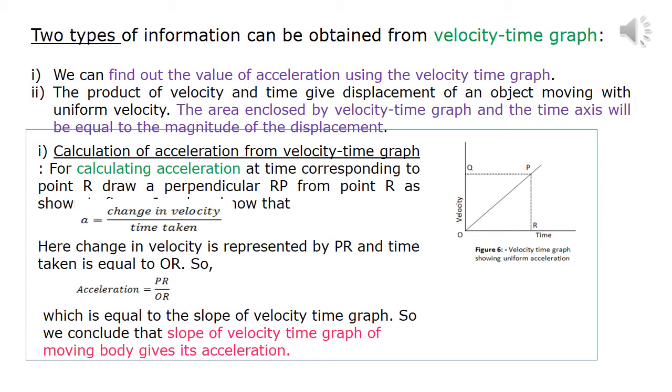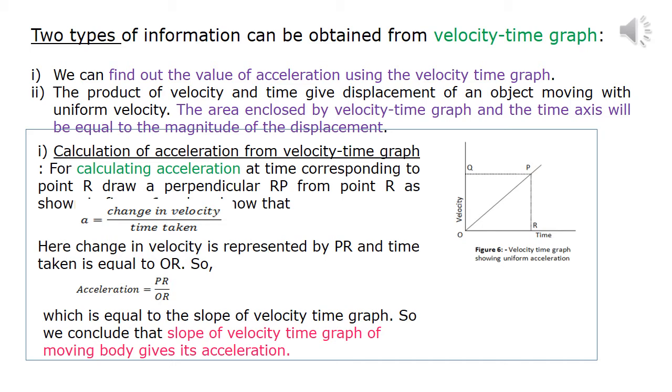So here from the given graph, OP is the motion shown in the graph, and from point P we are dropping a perpendicular PR on the time axis. In right angle triangle PRO, R is the right angle, so PR is the perpendicular and OR is the base.